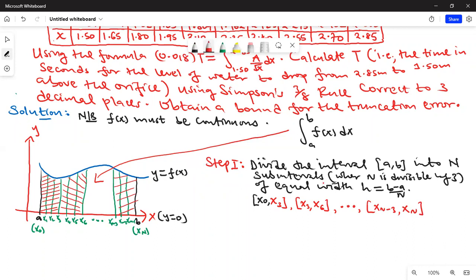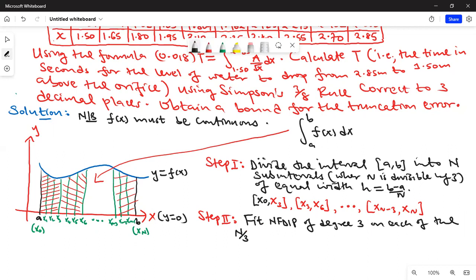So the next step is to fit an interpolating polynomial. So you can write here step 2. Fit Newton's forward difference interpolating polynomial of degree 3 on each of the n over 3 subintervals.